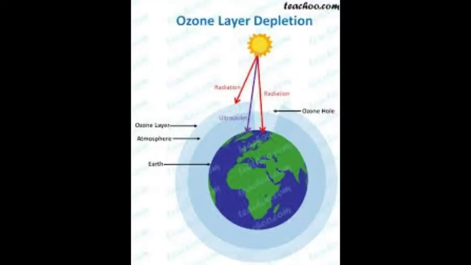Sixth, depletion of ozone layer. Ozone exists in Earth atmosphere and is responsible for protecting humans from harmful ultraviolet rays. Earth ozone layer is depleting due to the presence of chlorofluorocarbons and hydrochlorofluorocarbons in the atmosphere.